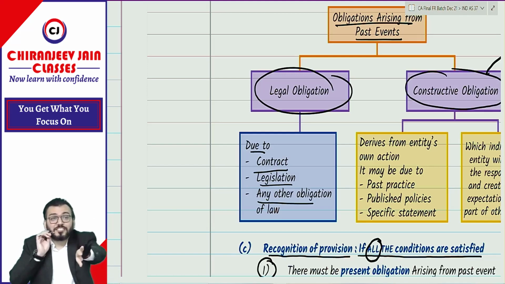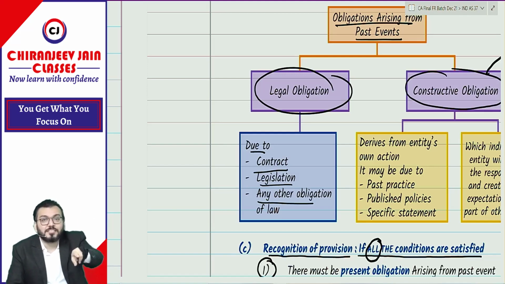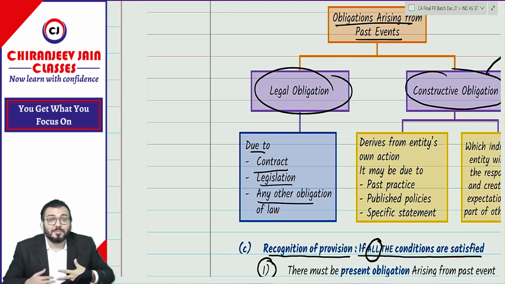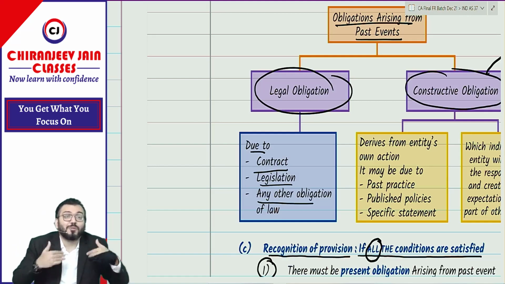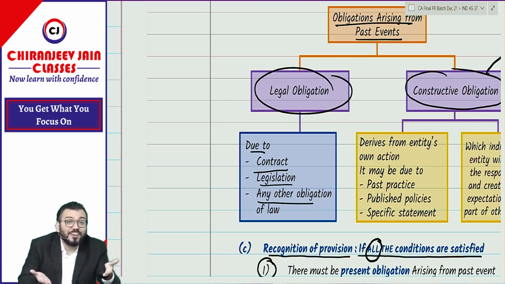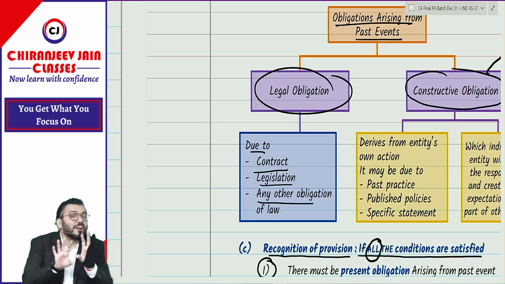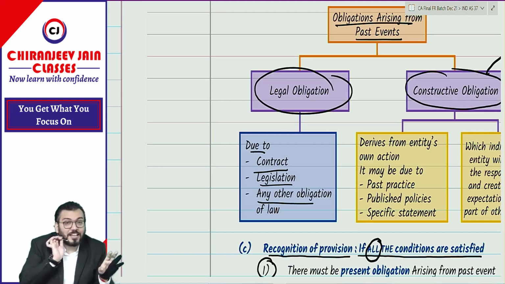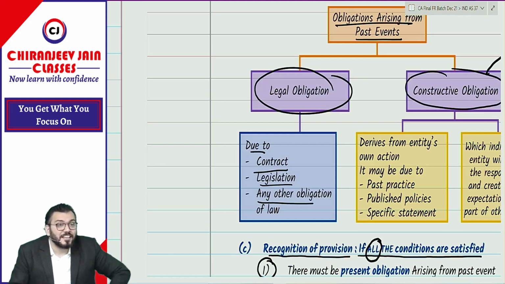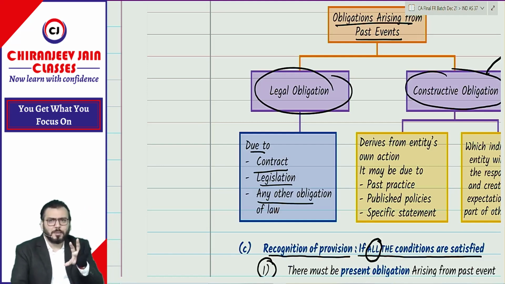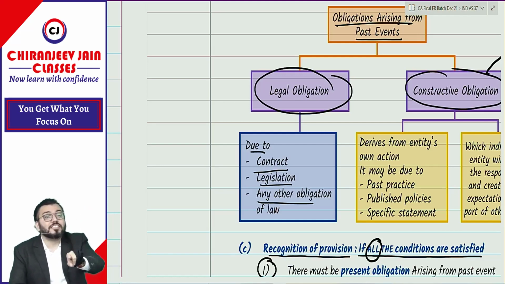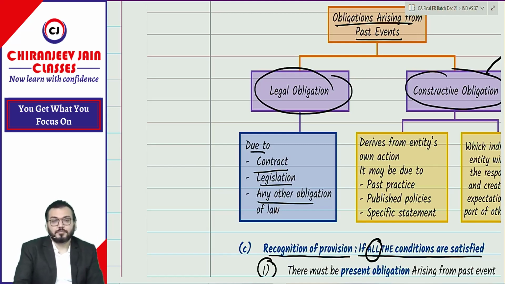You have an obligation to pay cash. So in whose books will liability arise? In your books. I have an obligation to provide service, but there is no outflow of resource, so liability will not arise in my books. But in your books of account, liability will arise, because you have an obligation to pay cash.